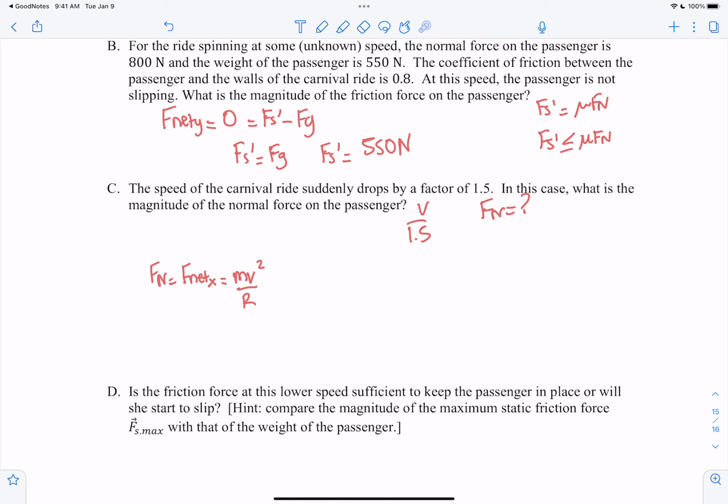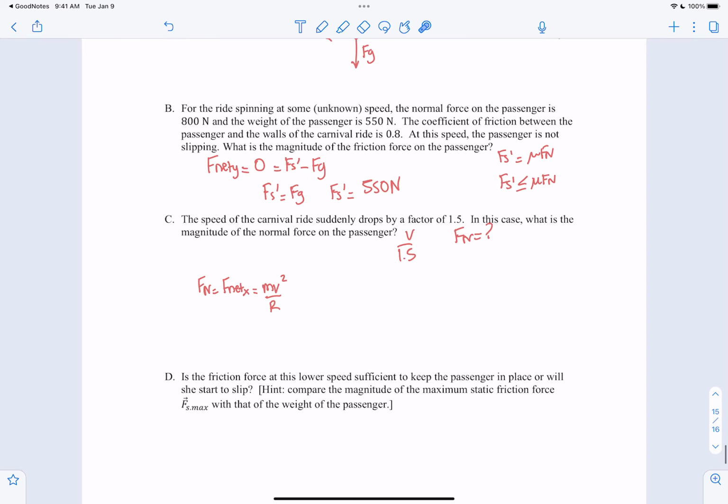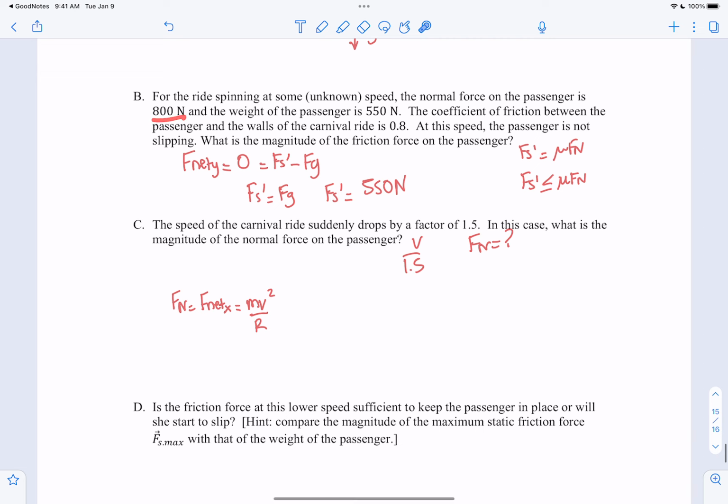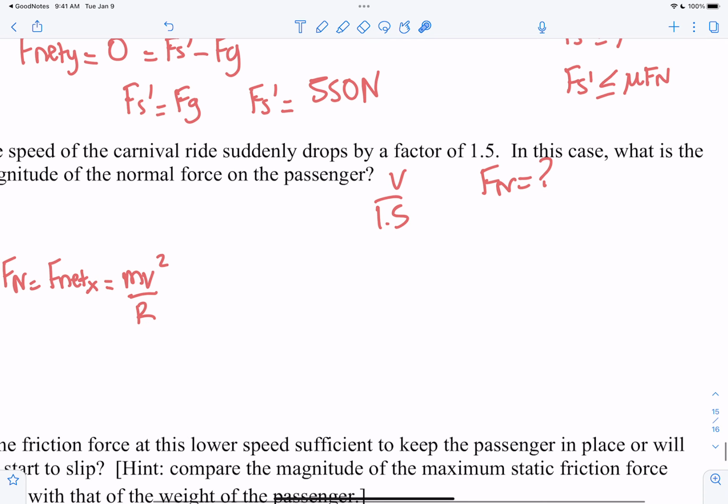If you think about it, I had this normal force of 800 newtons from before. Now, this normal force is going to change. We want to figure it out because we have this decrease in the speed.